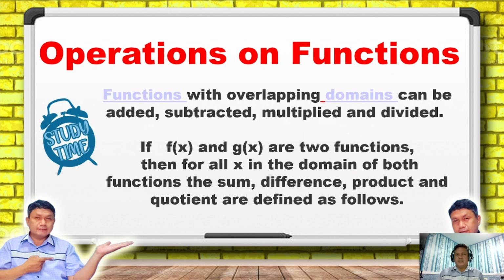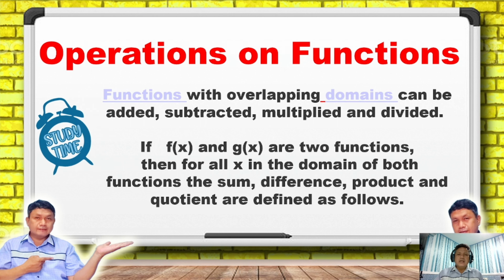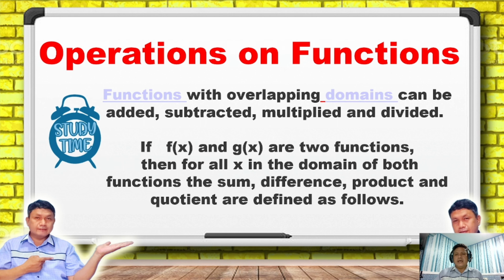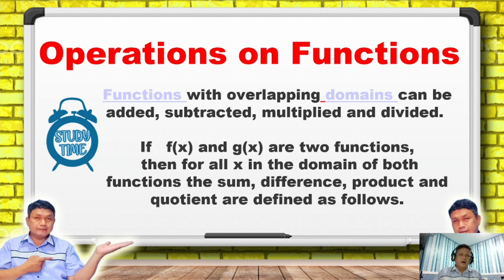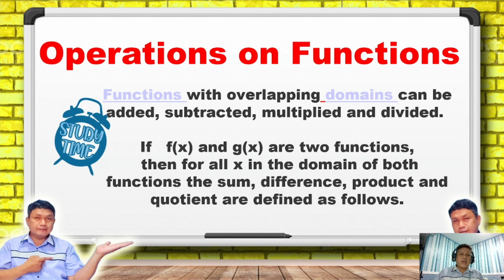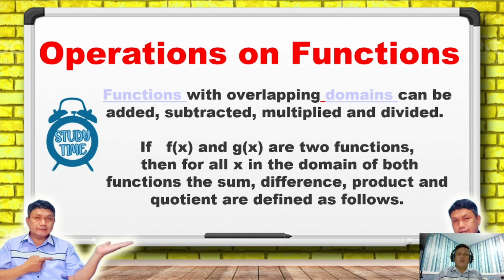Operations on functions. Functions with overlapping domains can be added, subtracted, multiplied, and divided. Okay, so in this case, if f of x and g of x are two functions, then for all x in the domain of both functions, the sum, the difference, product, and quotients are defined as follows.